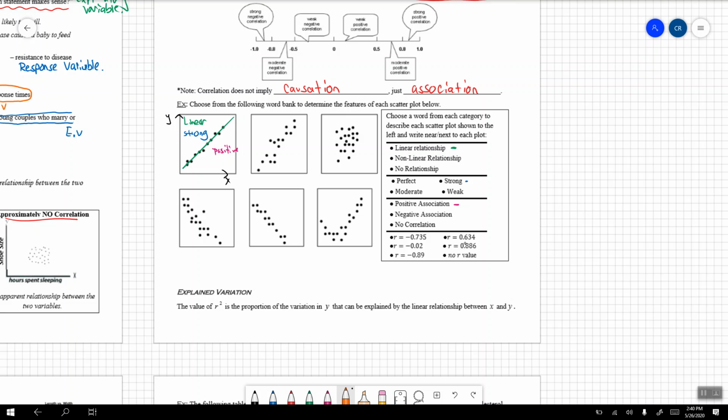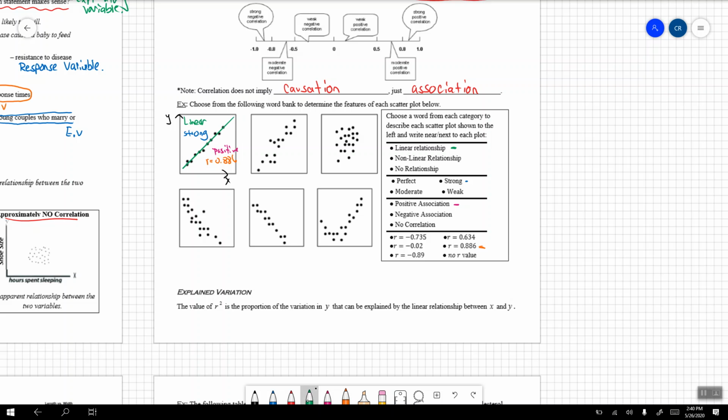So looking at these two values, 0.634 and 0.886, I would naturally choose 0.886, specifically because this appears to have a strong correlation, meaning this R value is closer to 1. All right, perfect. Let's look at the next one.